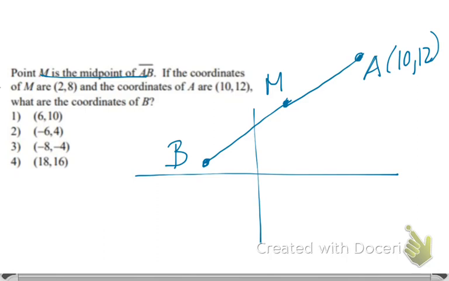So first of all, just from a common sense perspective, you can take out choice 1, which was 6, 10, because 6, 10 would be like somewhere over here, like right there, and that makes no sense, so forget that. Okay, choice 2, negative 6, 4, okay, that looks like that could be right.